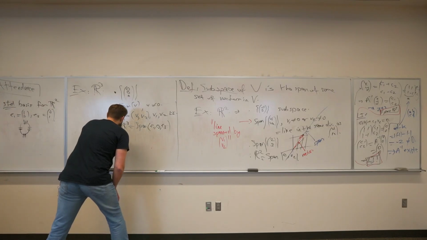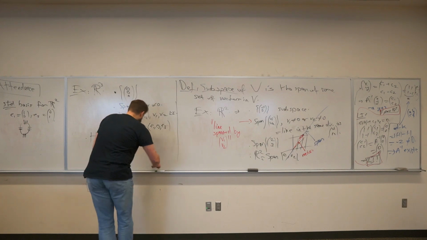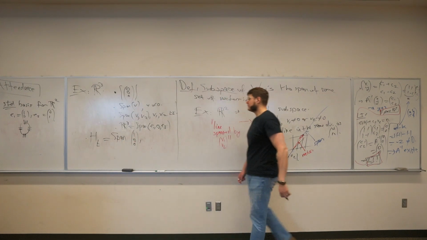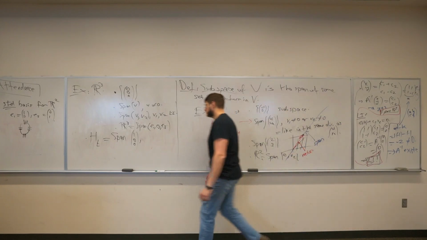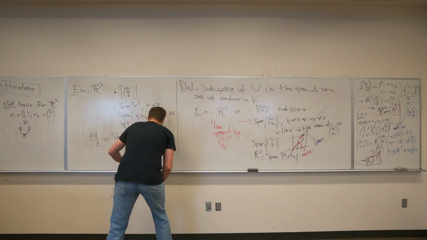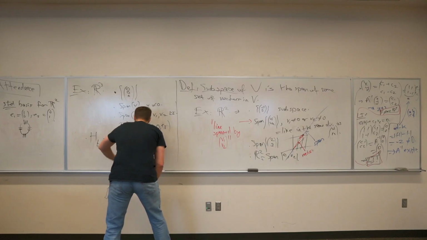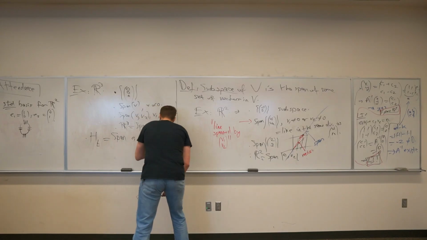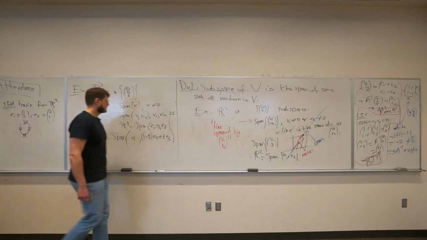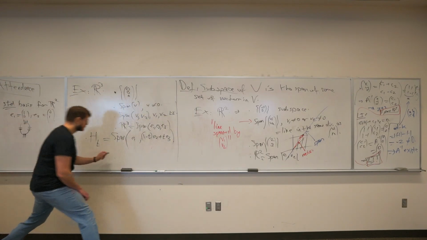Span of (1, 0, 0), and then I'm going to lerp e2 and e3, linearly interpolate. I'll just have e1 here, and then (1 minus t) e2 plus t e3. Let's say t varies between 0 and 1.